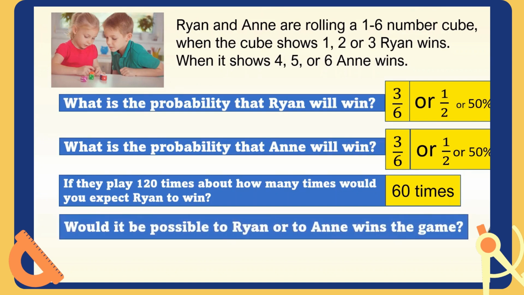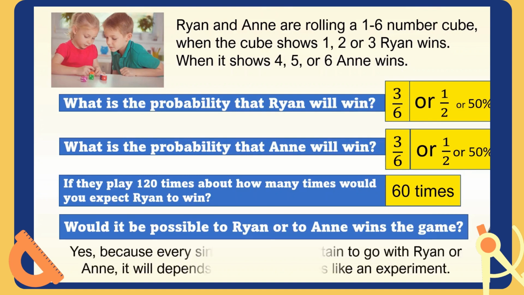Would it be possible for Ryan or Anne to win the game? Posible bang si Ryan o si Ann ang mananalo sa game? The answer is yes. Because every single trial is not certain to go with Ryan or Ann. It will depend upon the chances like an experiment. So kung tingnan natin yung probability nila, pwede silang manalo.